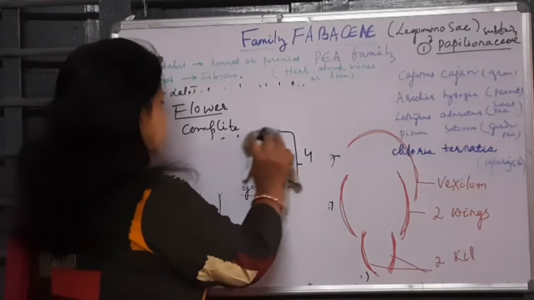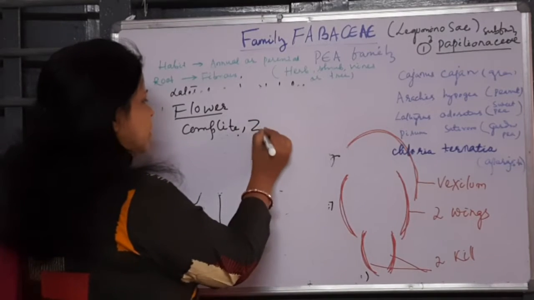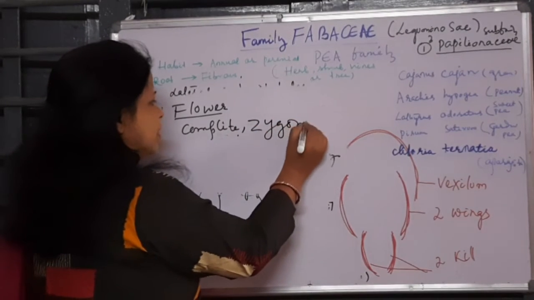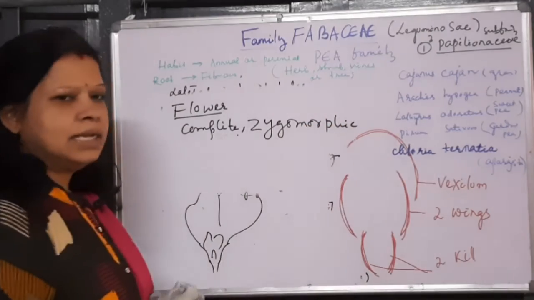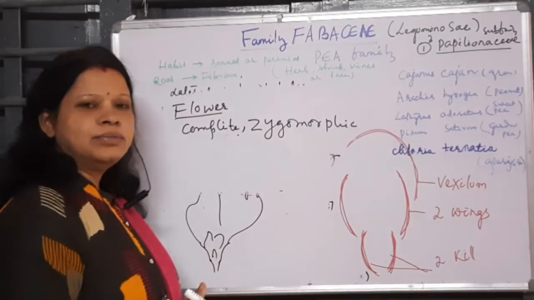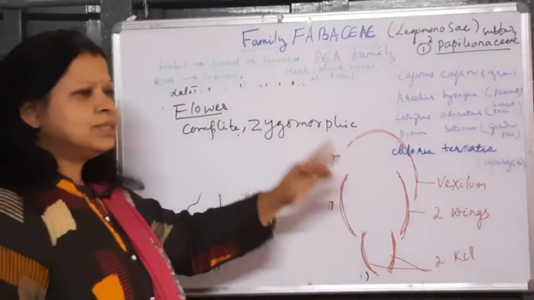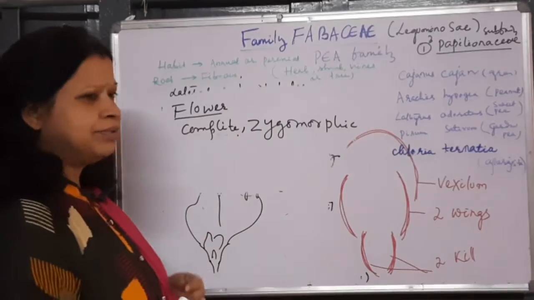Next, zygomorphic. Zygomorphic means asymmetric flower. The flower can be divided into two equal halves in only one vertical plane, or from unequal petals we can call it a zygomorphic flower.